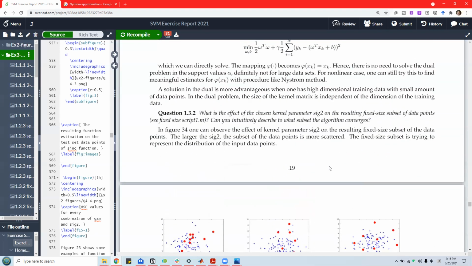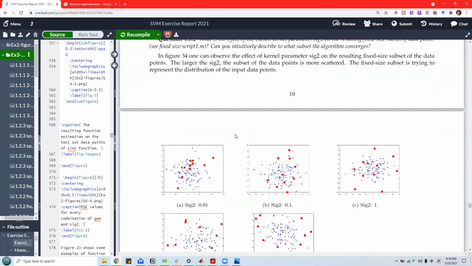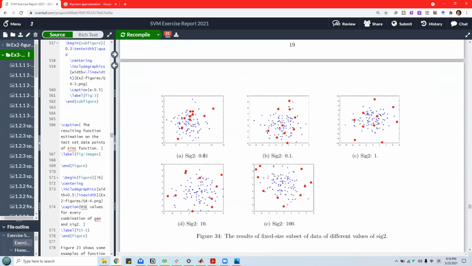Okay, so I think we have heard some good ideas about this. Just to briefly conclude what you discussed. For sigma squared, if you have a small sigma squared, the subset you choose is trying to describe the details or a small part of the data set.